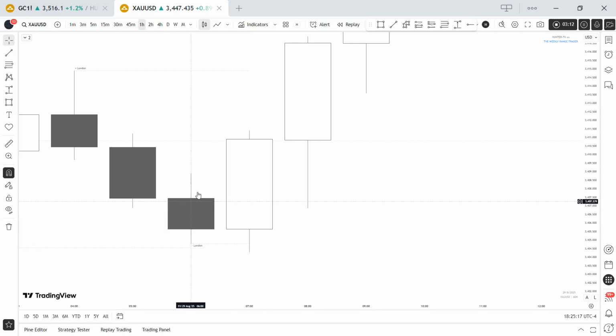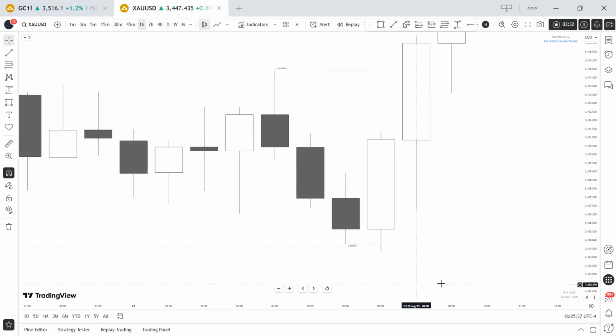Liquidity provided at the London lows, which they have to take out, the sell side liquidity, to continue above, to take those sell stops above and drain out the people.